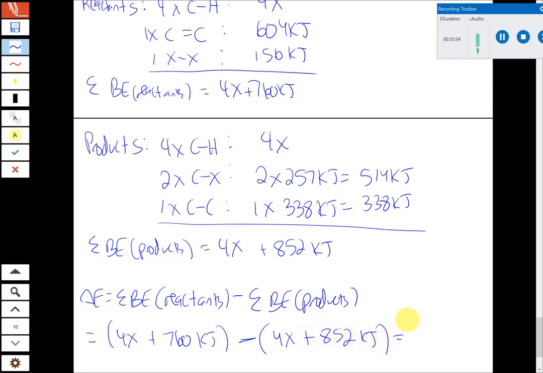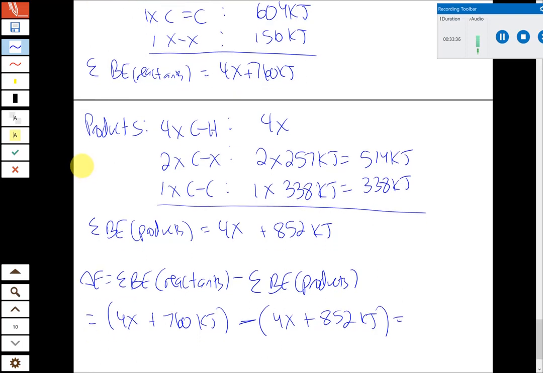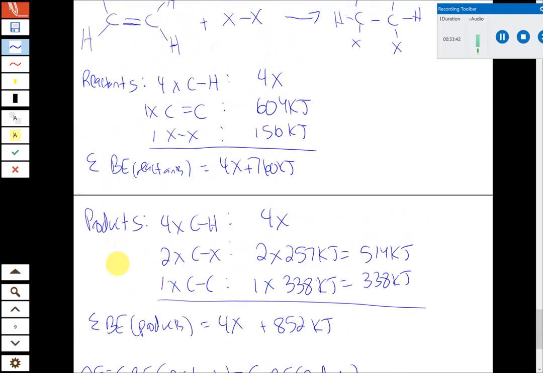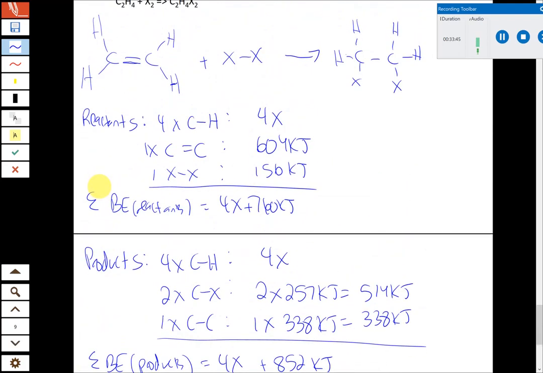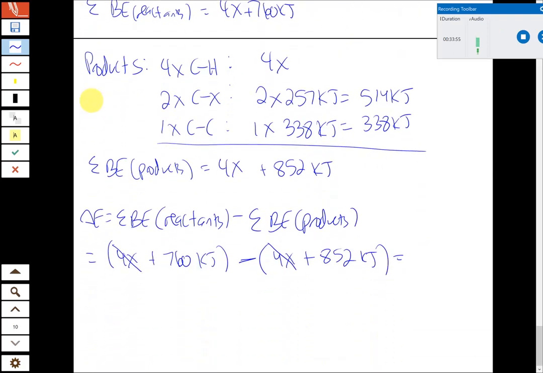What you'll see is because we had 4 CH bonds on each side, the unknown 4x, the bond energy of CH, cancels out. In other words, we're not changing the number of CH bonds between the reactant, which has 4, and the product, which also has 4. So the CH bond energy doesn't matter because we're going to break 4 CH bonds on the reactant side, but form 4 on the product side. So in net, that's no change.